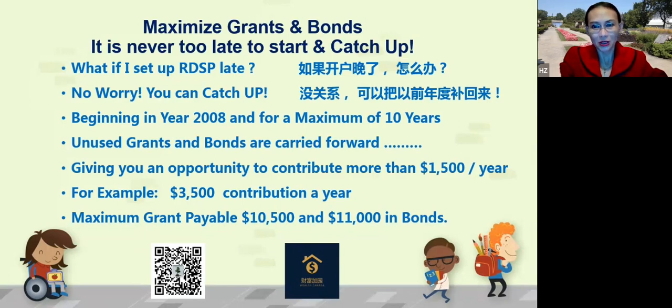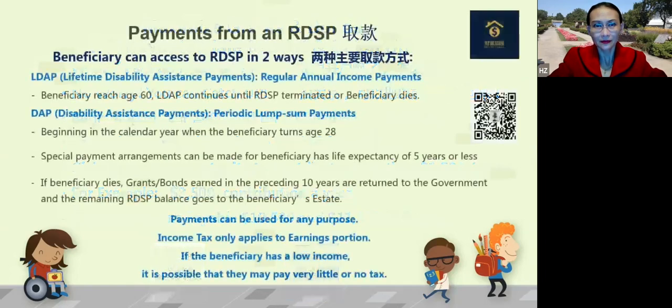When you're able to contribute more, the maximum grant catch-up each year is 10,500 and the bonds is 11,000. Today I did a review for many RDSP clients, and I realized they really put in only 4 figures of investment, and all their accounts show 5 figures.